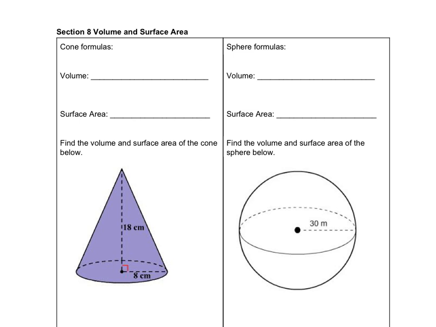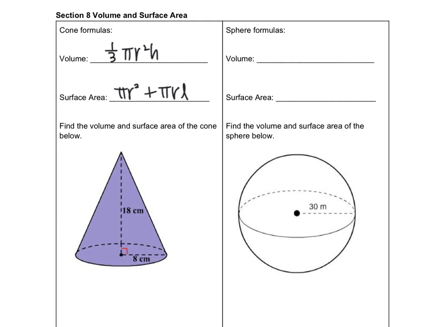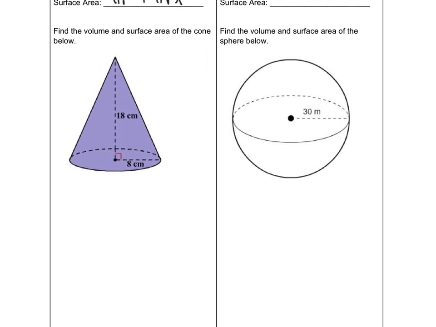review, for a cone, the volume of a cone is 1/3 pi r squared h, and its surface area is pi r squared plus pi r L. Okay. So we want to find the volume and the surface area.